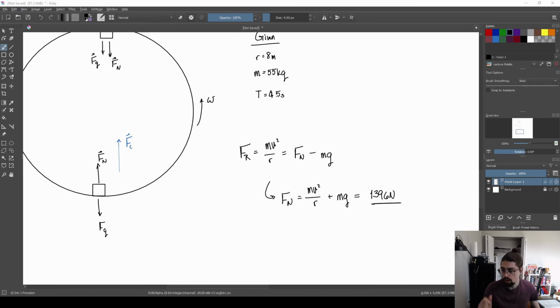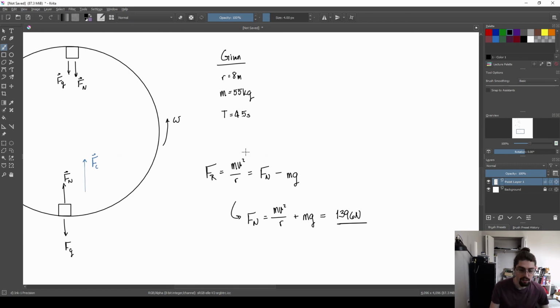How did I get V? I should have probably actually shown that, shouldn't I? That comes from T. Sorry. There are a couple different ways that I can consider this. T, being equal to the period, should be equal to 2 pi r divided by V. That is my definition for the period on this one.